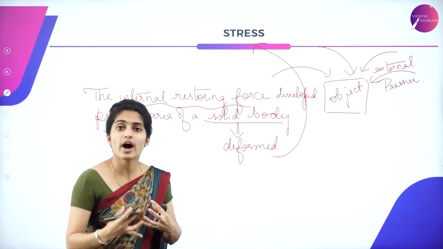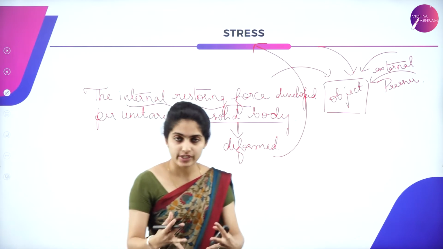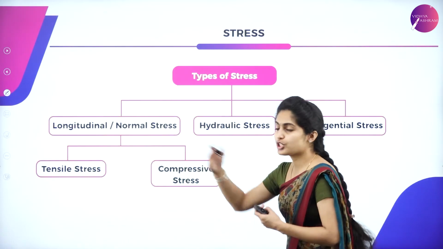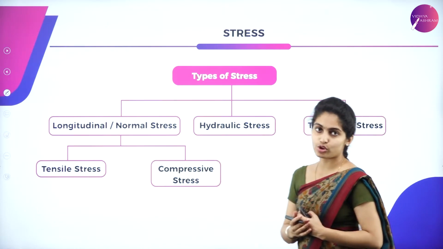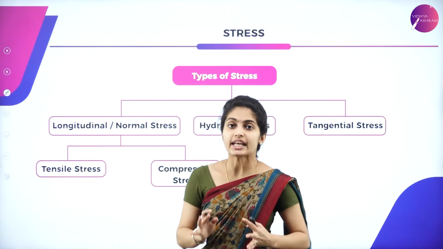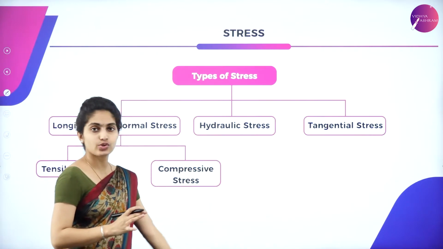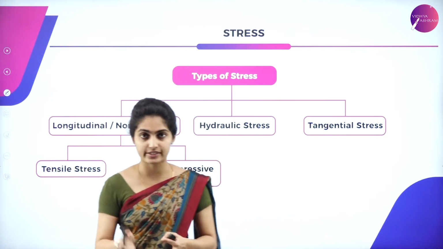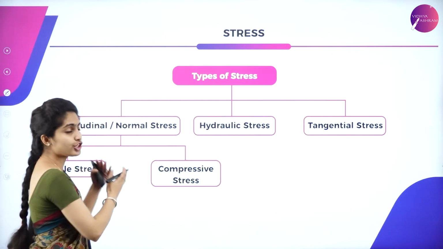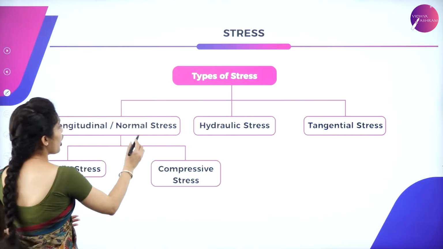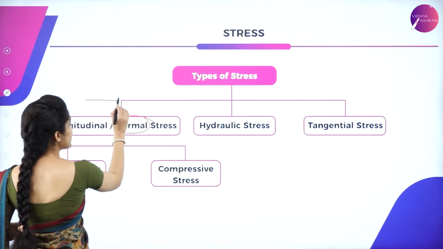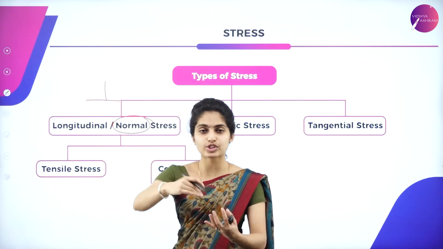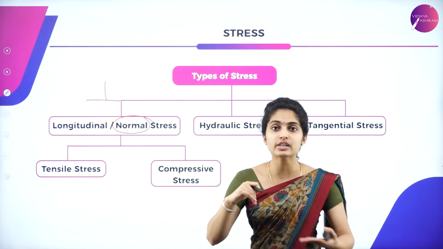Now you have the types of stress. There are three types of stress: longitudinal stress, also called normal stress, next hydraulic stress, and the third one is tangential stress. In the case of longitudinal or normal stress, normal means perpendicular.